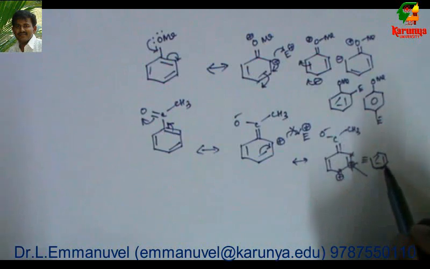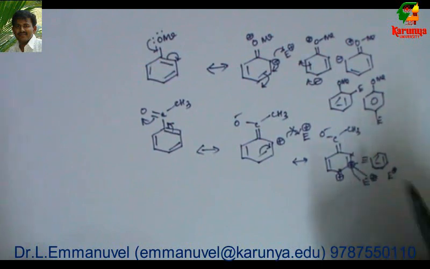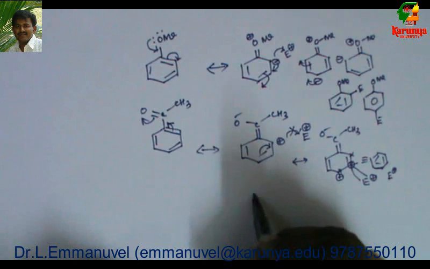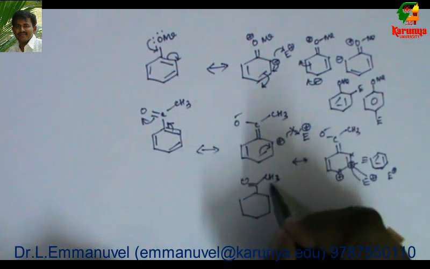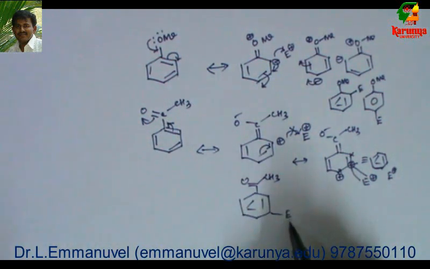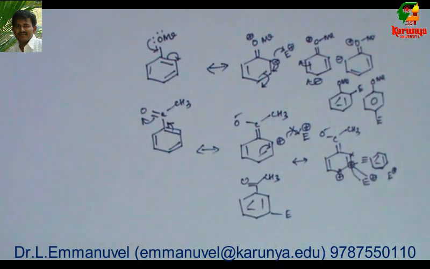So now this can attack the electrophile. So this carbon can attack the electrophile to give the product. So what we get is a product like this. Since it is in the meta position, we call this carbonyl group meta directing.